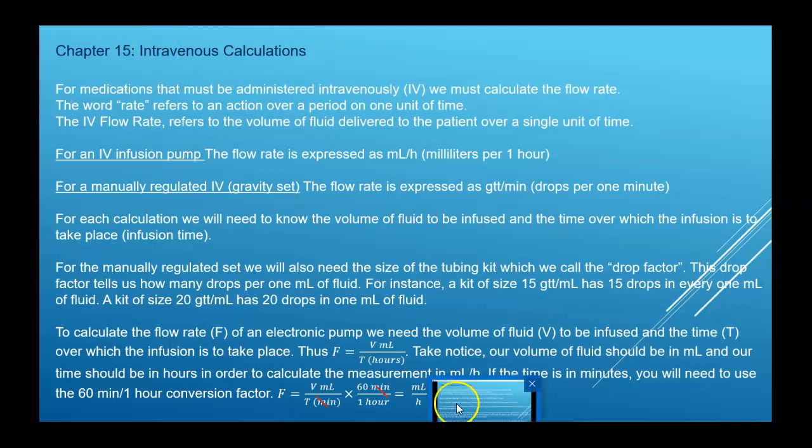Now, with the gravity tubing set, the set itself has its own drop rate, we call it the drop factor, number of drops per milliliter of fluid. That's kind of your size. That's the size of the set, and that will always be given to you.